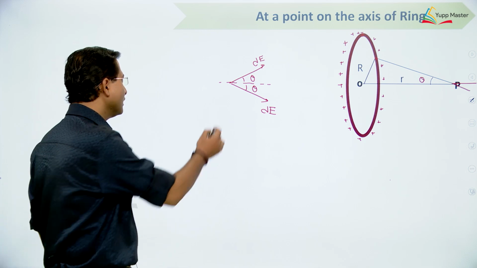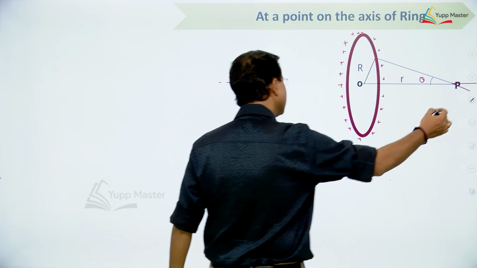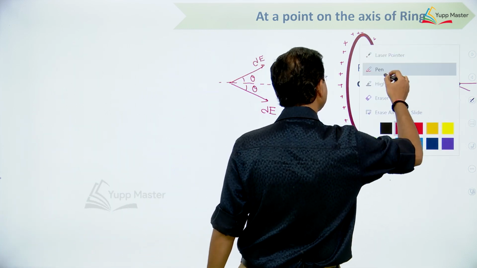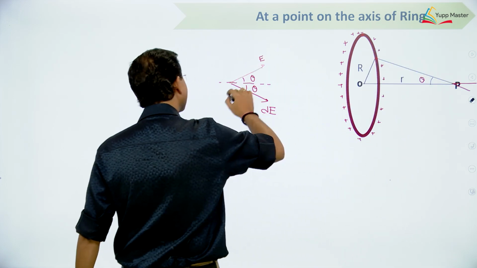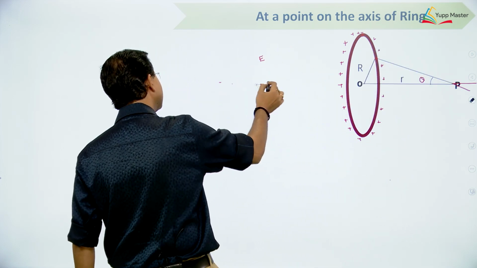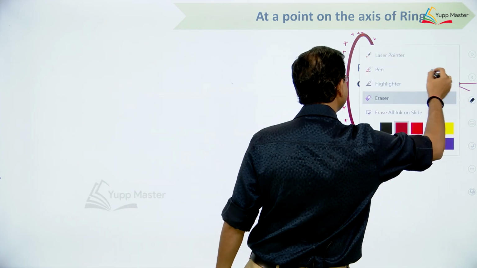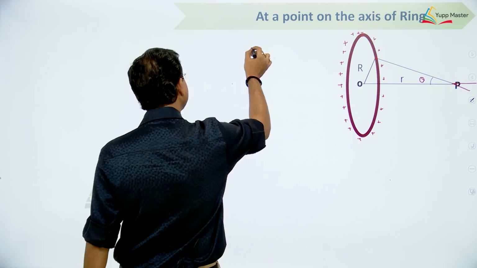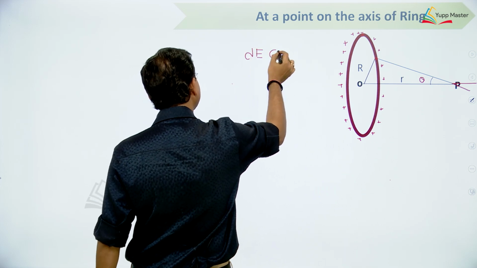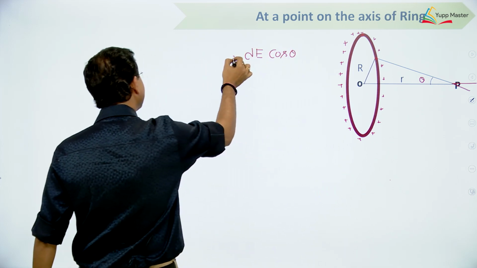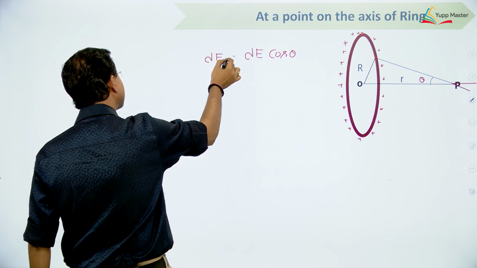So what I need to do is integrate dE cos theta, to get the field along the x axis, right.